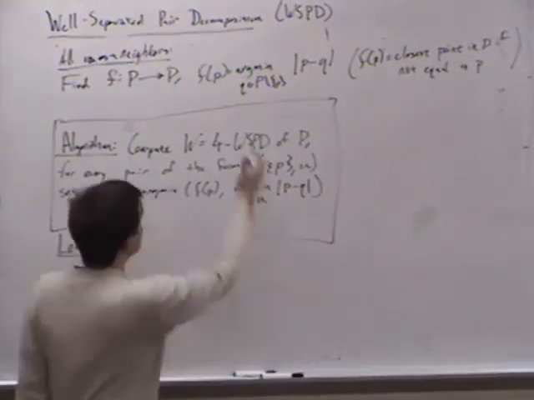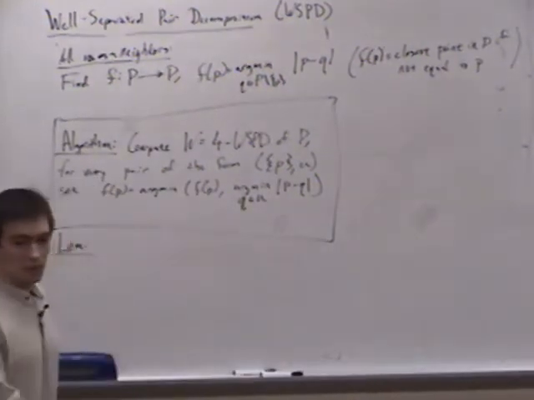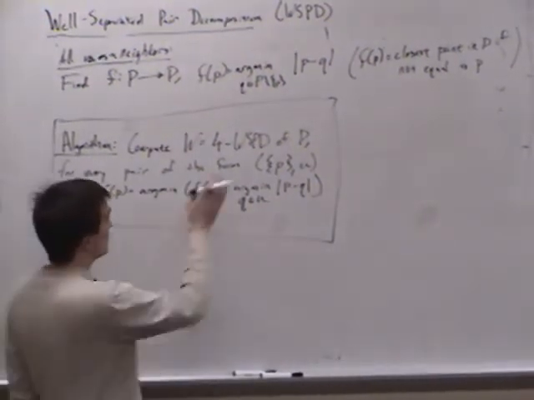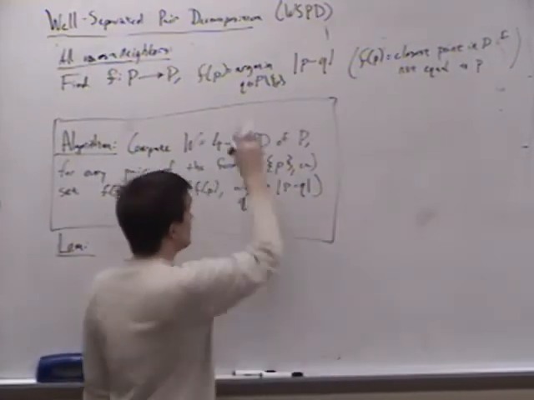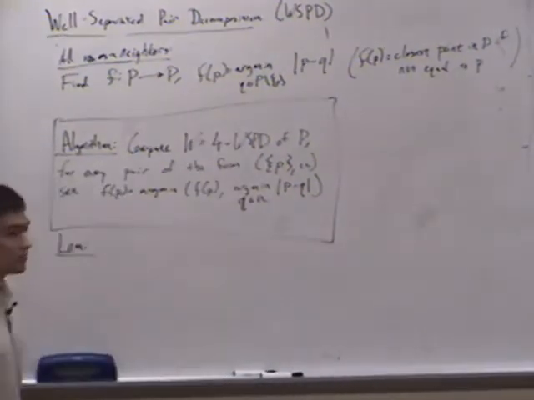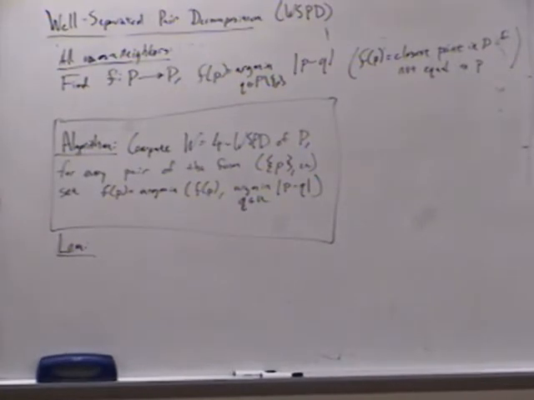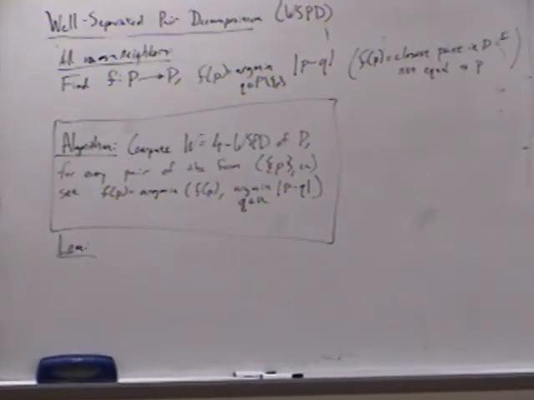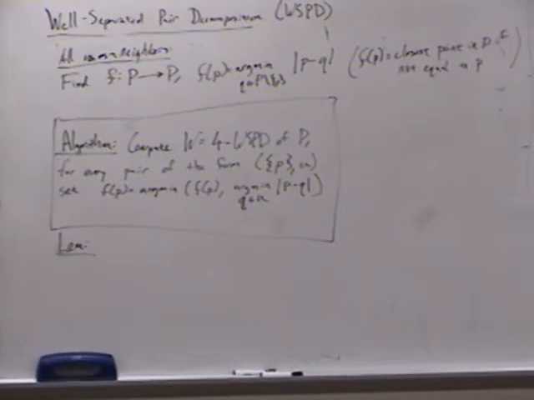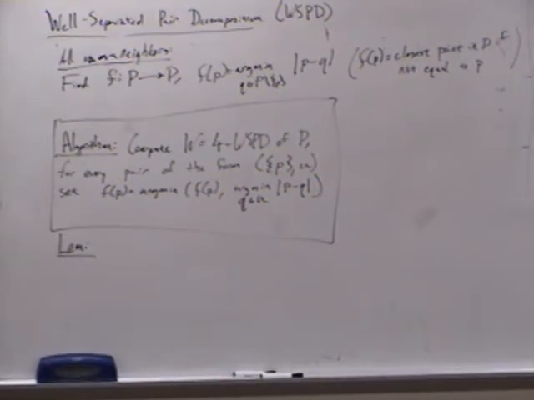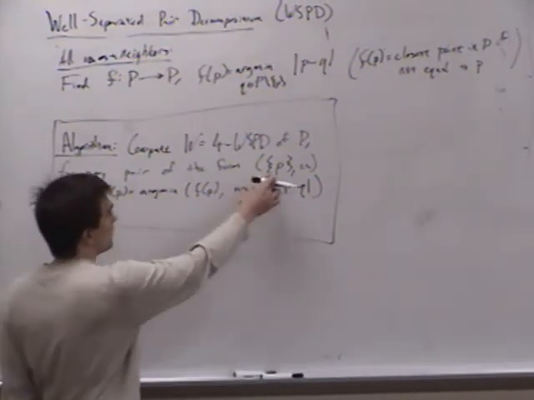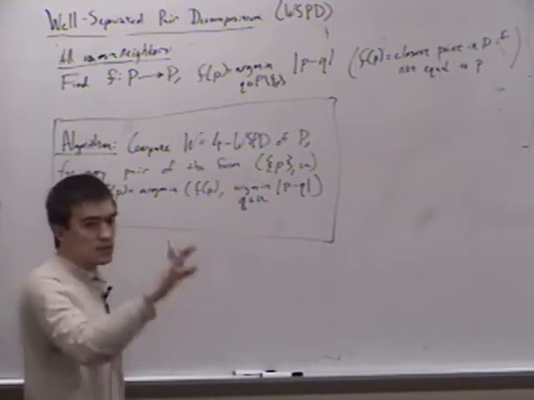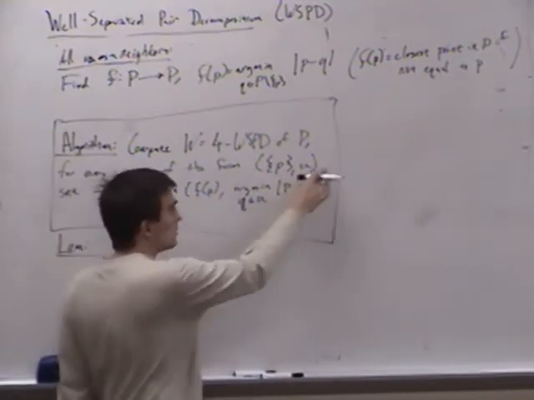So we're searching over all of these q's which are in P. If we take away little p, and we compute their distance, whichever one is the closest, that's the q that becomes f of p. Yeah, I understand it when you're defining the map. I was asking about the algorithm. Yeah, so we'll basically initialize f of p to some arbitrary random point not equal to p. Whatever, right? And then we just loop through each of these pairs. We just search over all of the pairs p cross U, right?